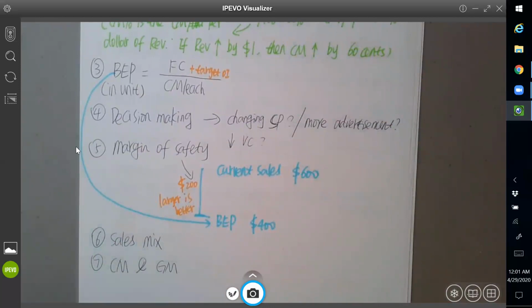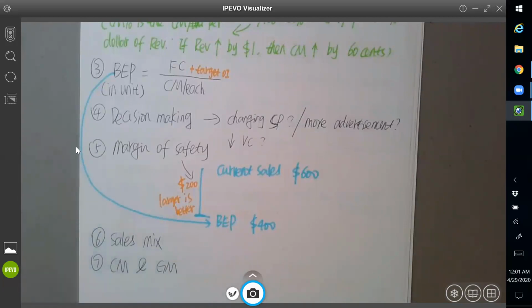One thing I think is important is if you change the volume, you used to sell 100 units, now you sell 110 units. When the sales volume changes, your total revenue will change, but your total variable cost will also change, okay?